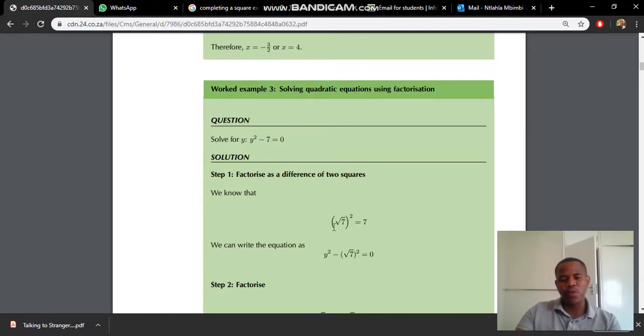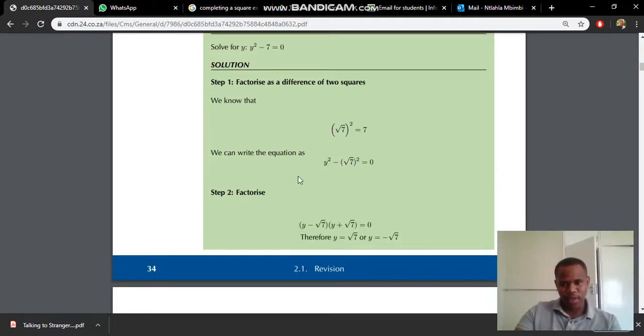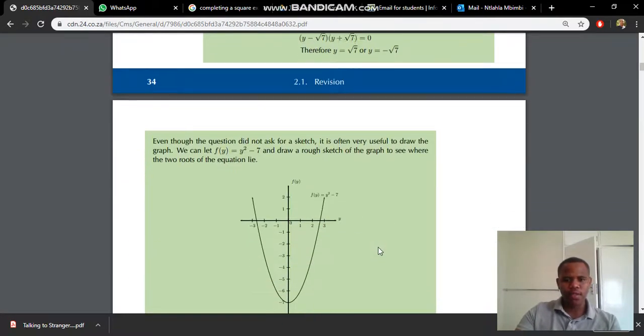You say, if this were a square, this is what would have to happen. I would just take the square root of 7 and then square it. Then what is outside is a perfect square now, right? And then you can take the difference of 2 squares. You can set that bracket to 0, set that bracket to 0. You'll find your solutions, right?